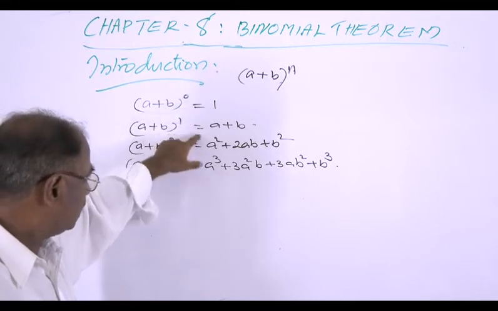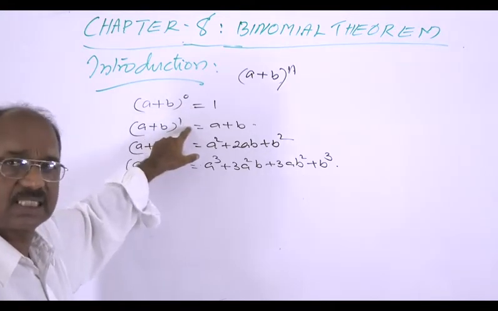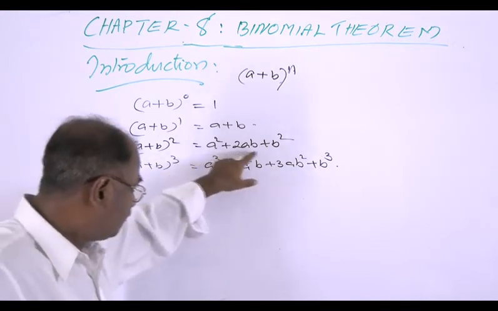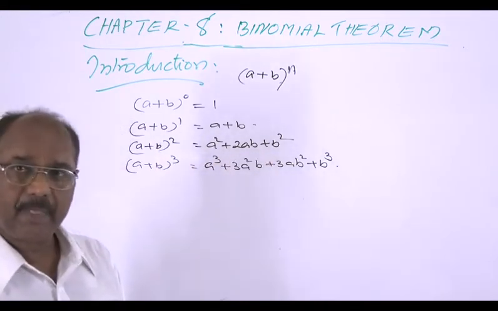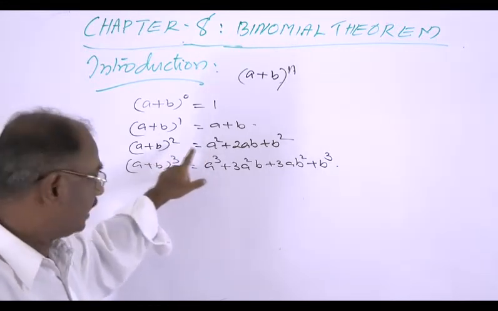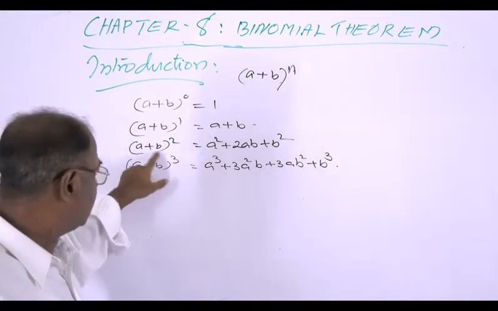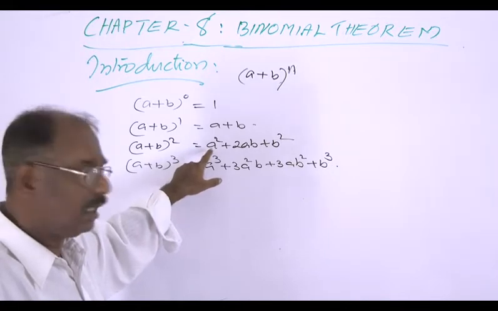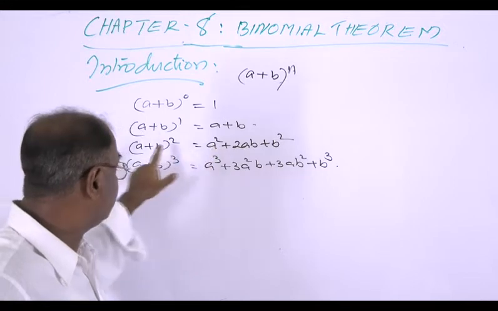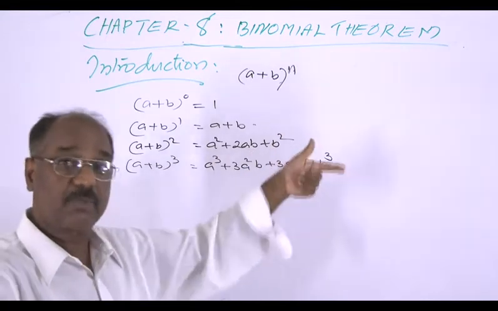Again, in this expansion we see that these first two are very simple forms, and therefore we do not consider them for discussion. We can consider the next ones. The expanded form is such that the power of the first term is n itself, and there is no second term. Then advancing, we see that the power of A reduces by 1 and that of B increases by 1.